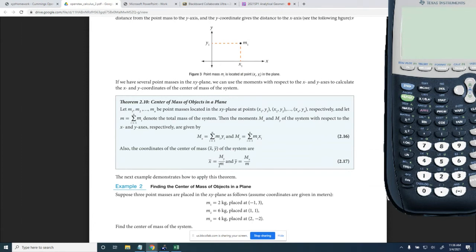I'll explain these in a second. And we have y bar. These two coordinates would give us the location for the center of mass for our system. We have the moment on x divided by m, and keep in mind that m is the mass of the system.